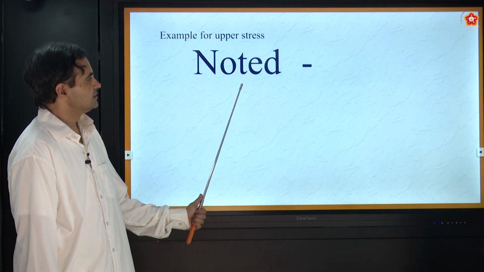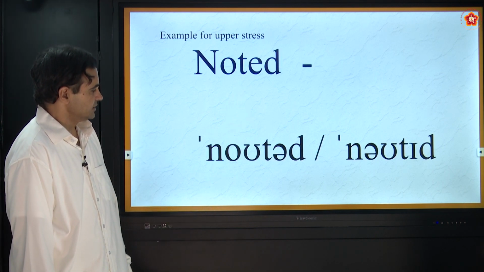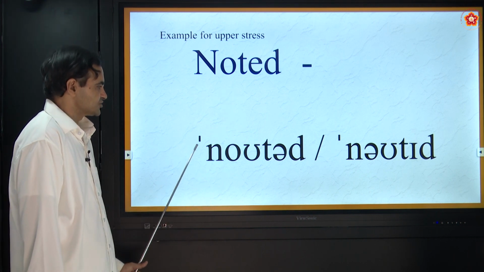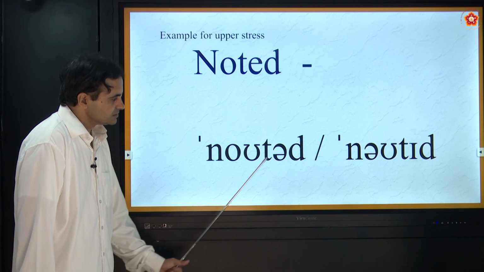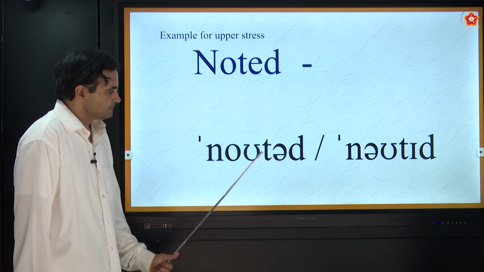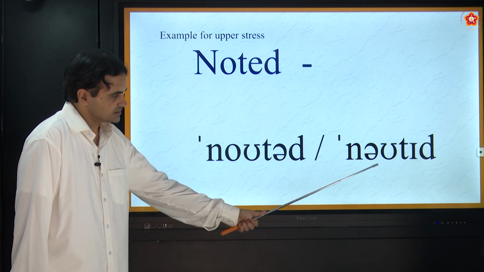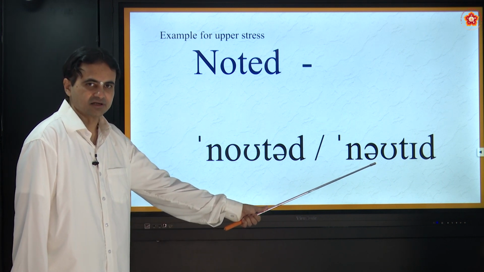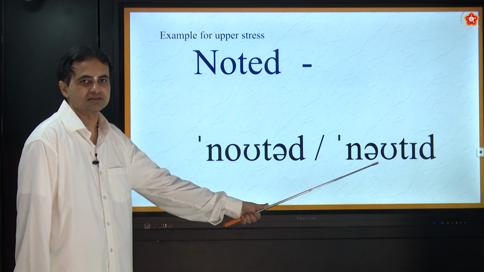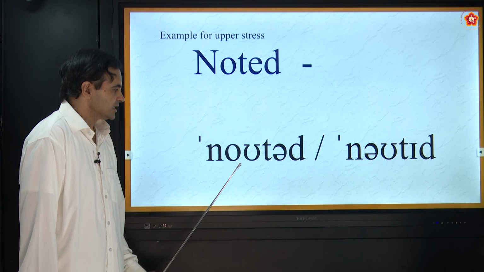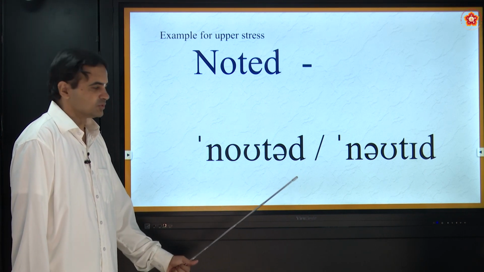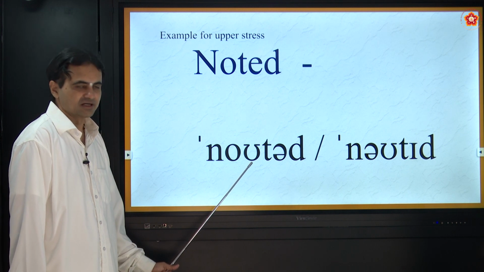Next one. Let's see this word. Noted. So here there is an upper stress. Two types of pronunciation are given for this word. This is British. We all follow the British dictionary in India, the British way of pronouncing. Whereas this is American. But only for this particular word, this is easier for we Indians.